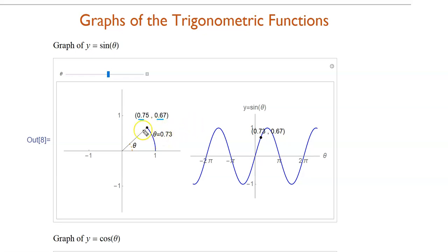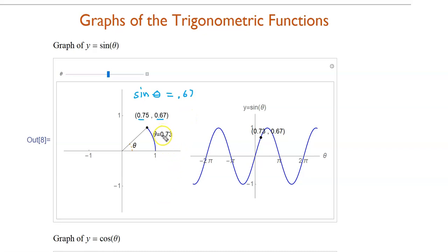And so for this particular diagram, the sine of theta, in this case theta is 0.73, that's the distance from here to here. The sine of theta is the y coordinate, remember y over 1 from our previous definitions. That's going to be 0.67.